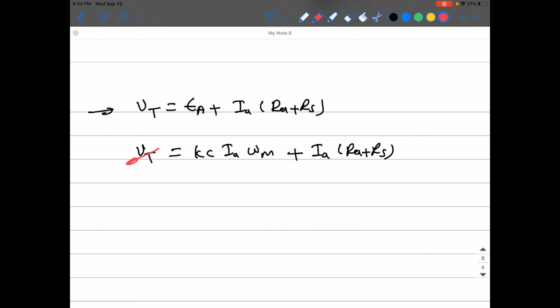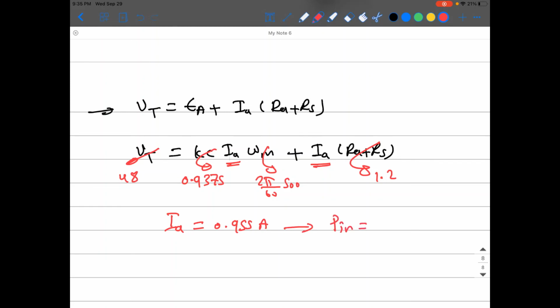The terminal voltage is 48 volts. KC we've calculated, it's constant, 0.9375. Omega M is 2 pi over 60 times 500. RA plus RS is 1.2. Everything is known except for IA. So from this equation you can find IA easily to be 0.955 amps.